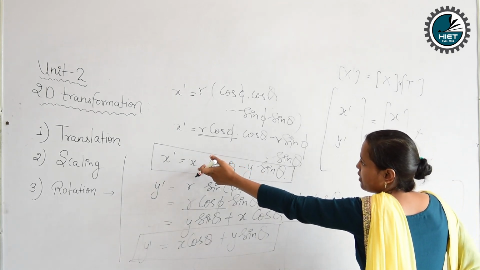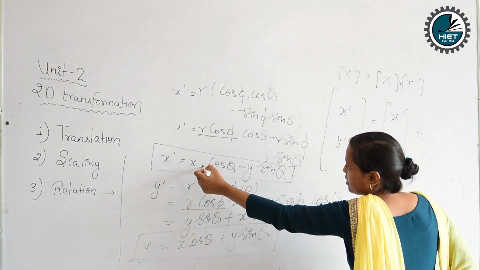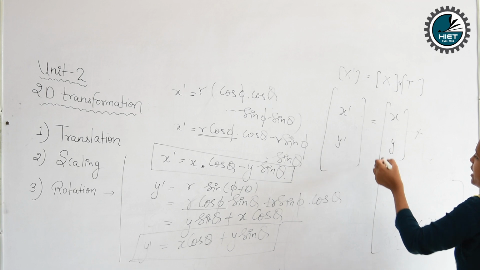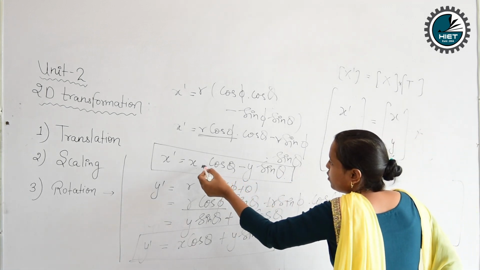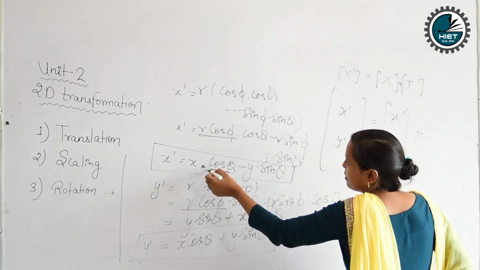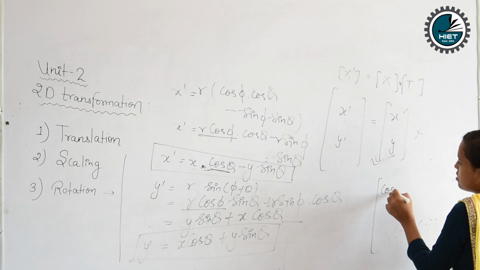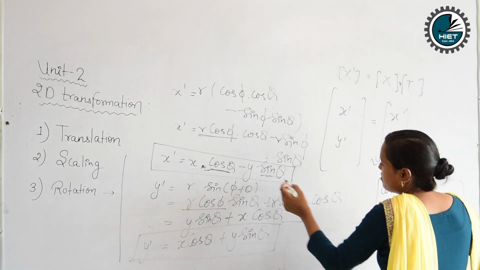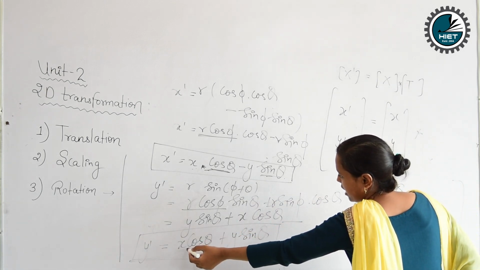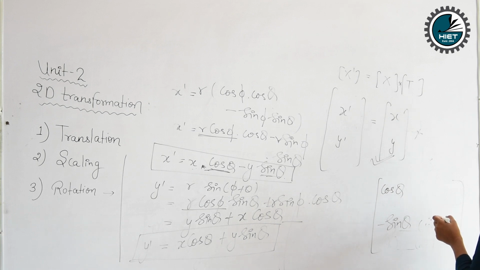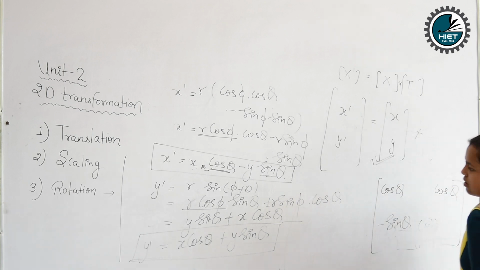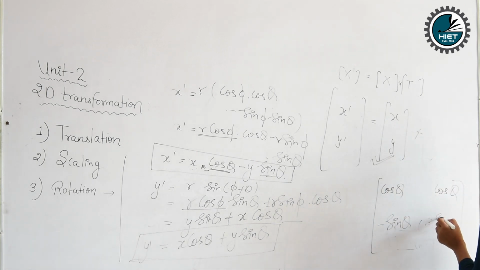We already have the old coordinate matrix, so in the transformation matrix we put the multiples of the x coordinate. For x dash, the multiple of x is cos theta and the multiple of y is minus sin theta. For y dash, the multiple of x is sin theta.